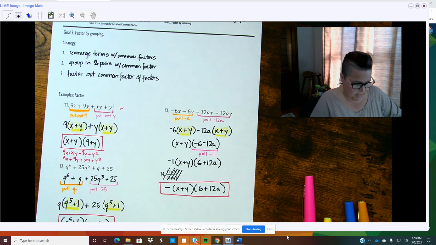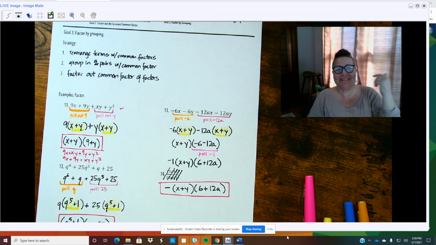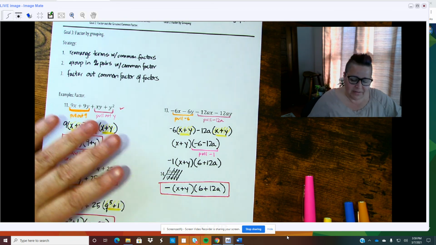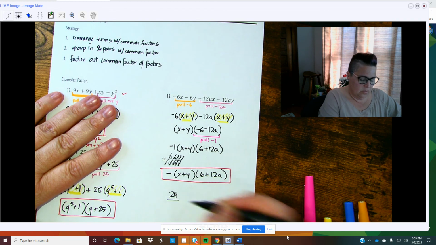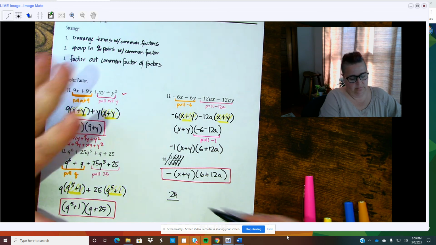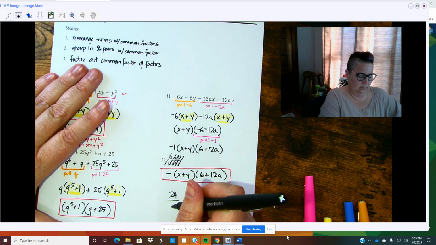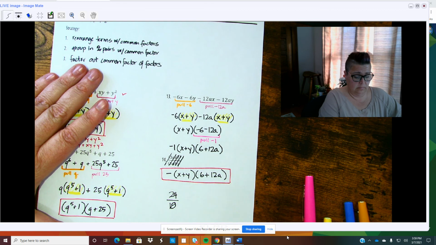Sometimes you think you have all the common factors and then you find an extra one. It's okay. It happens. Just like when you're reducing numbers, let's say you had 24 over 18, right?